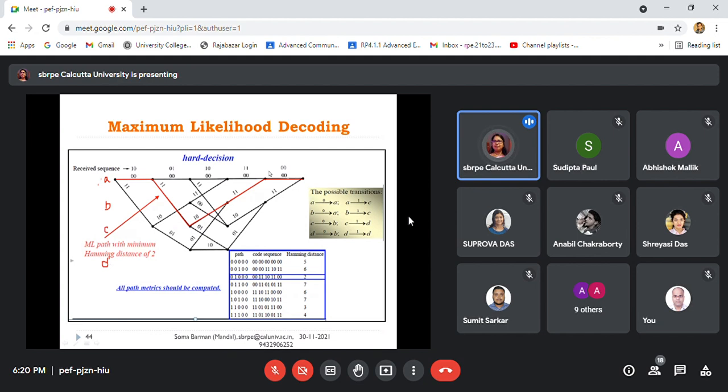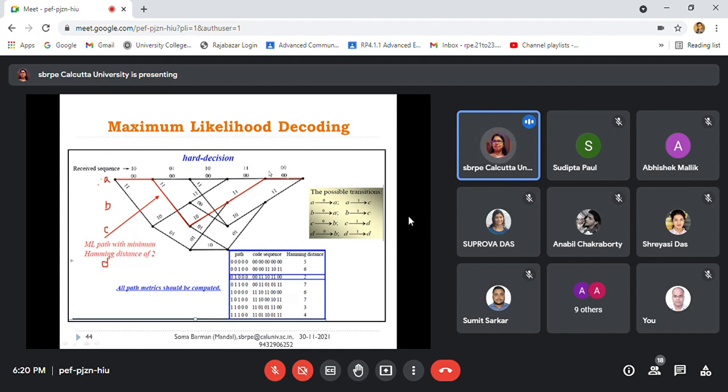So if the received code word and the trellis diagram are given to you, you have to find out all the possible paths, that means 8 possible paths, and calculate the Hamming distance. How can you calculate the Hamming distance?